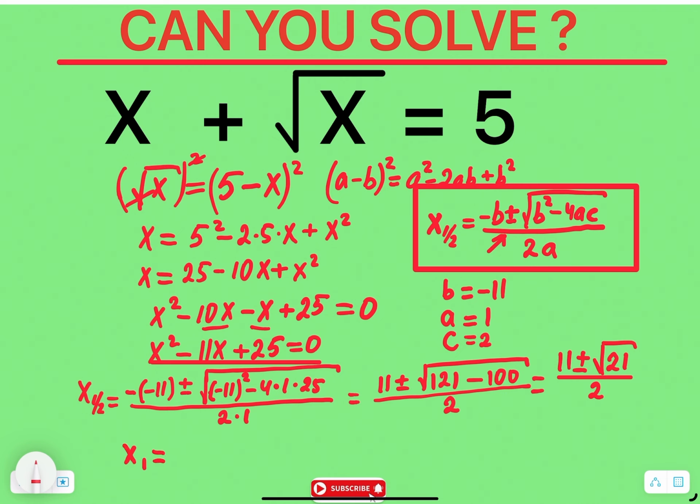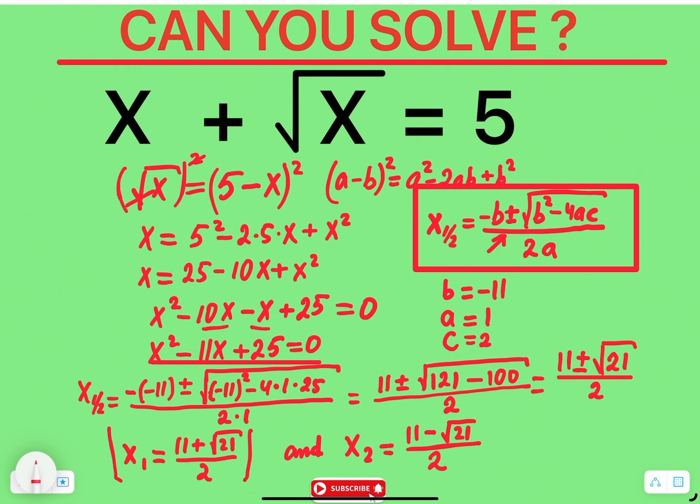Now we can separate plus and minus and write down our answers. x1 equals 11 plus the square root of 21, over 2, and x2 equals 11 minus the square root of 21, over 2.